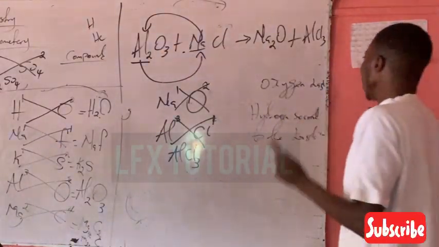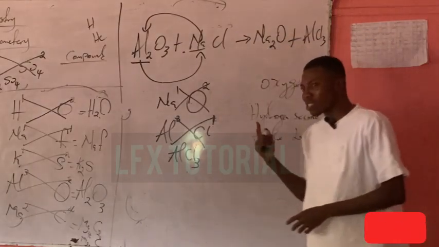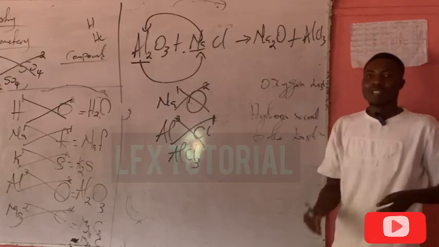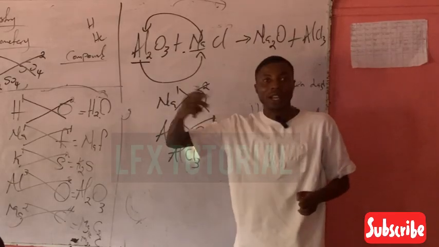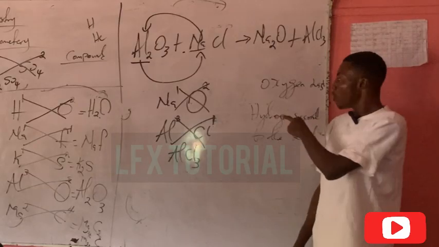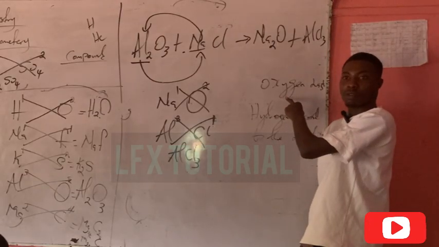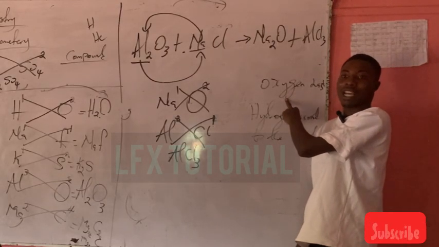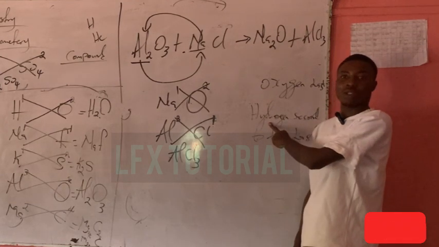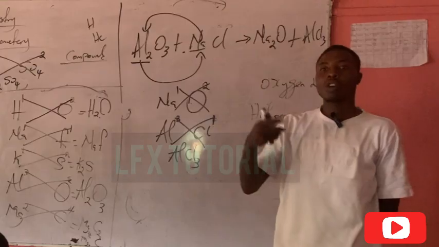Now the idea there is that most of the times, after balancing all those other elements, coming to hydrogen and oxygen, they are already balanced. But if you want to balance oxygen first, you may get confused on the way. Sometimes, if you want to balance hydrogen first, you may also get confused.